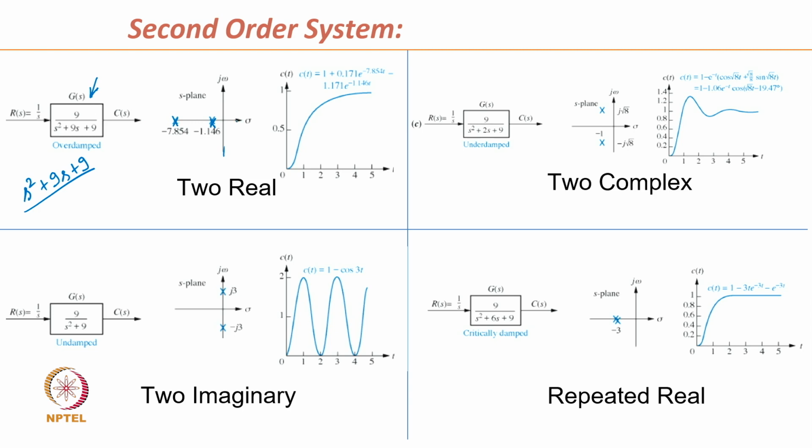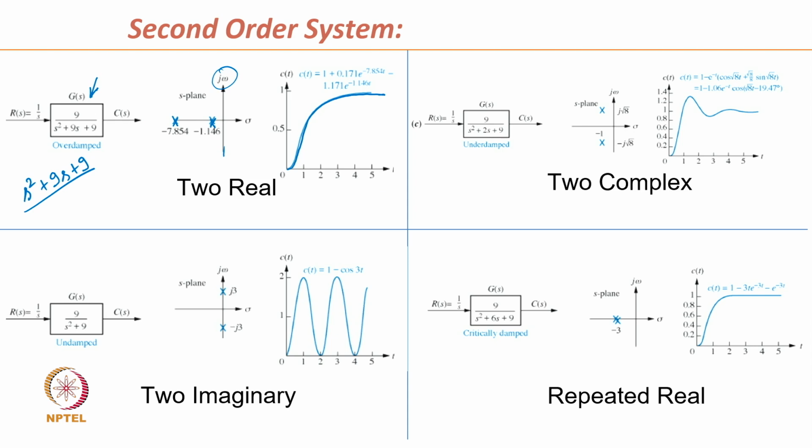So, both roots are real with the imaginary part being 0 j omega. So, the system response will be something like this, which is an overdamped case.